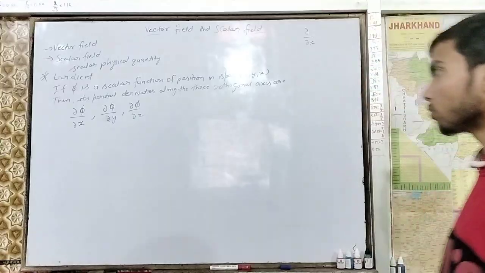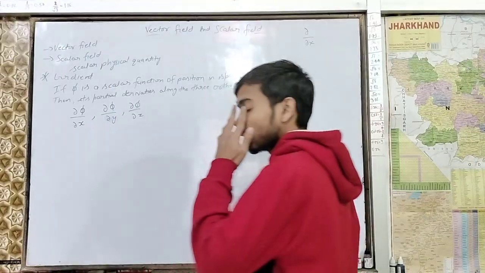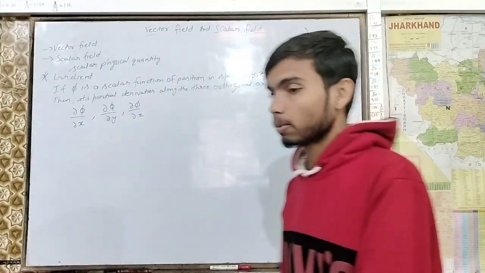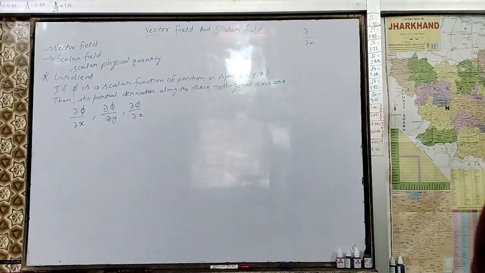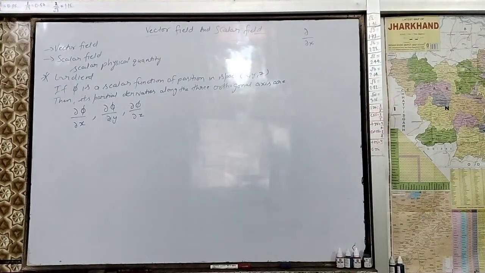Then derivatives along the 3 axes will be d phi upon dx plus d phi upon dy plus d phi upon dz. This is nothing but partial derivatives along 3 axes.